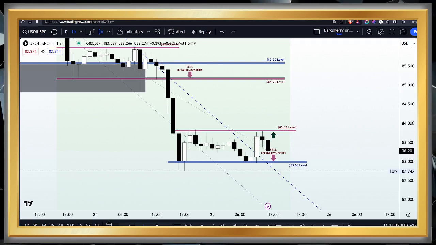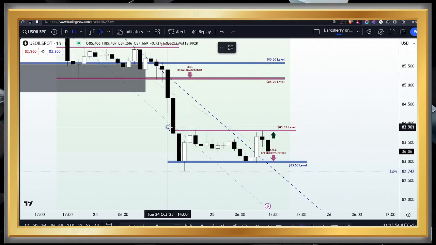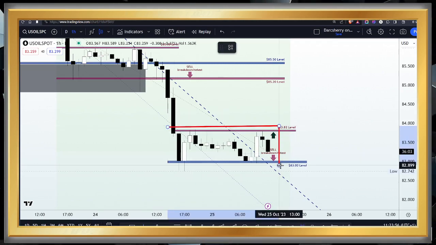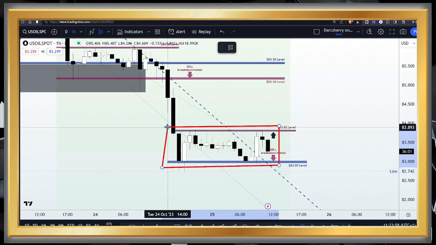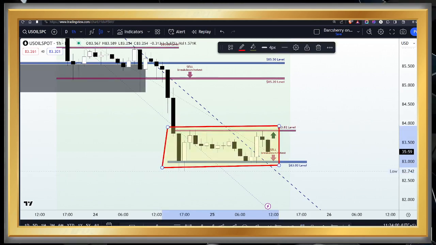And if we look at what has been going on in the last 16 to 17 hours, price action has been consolidating the recent heavy losses, hovering around that 1 week low between the $83 level and the $83.82 area, to emphasize the level of indecision in the market right now.